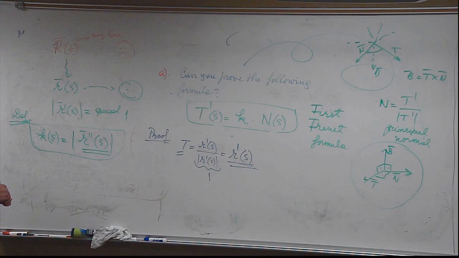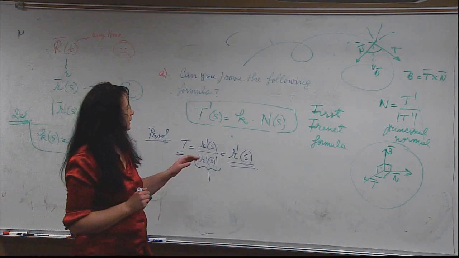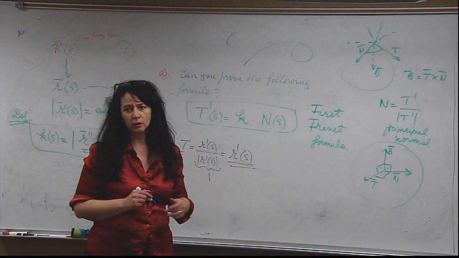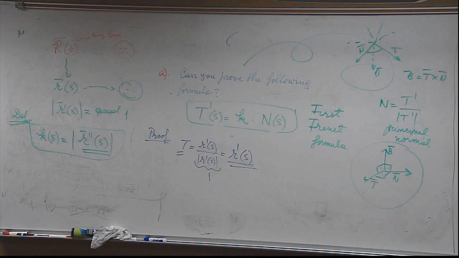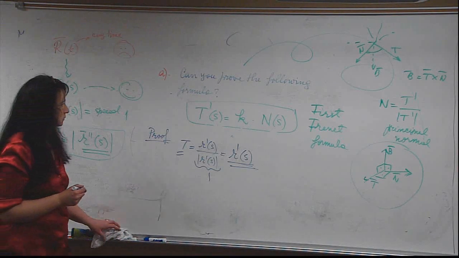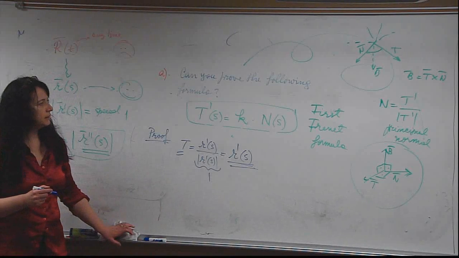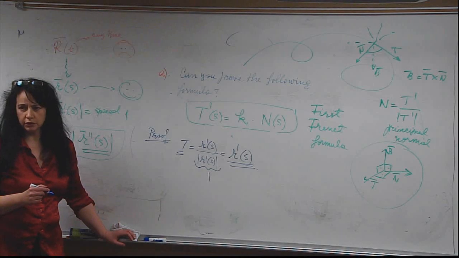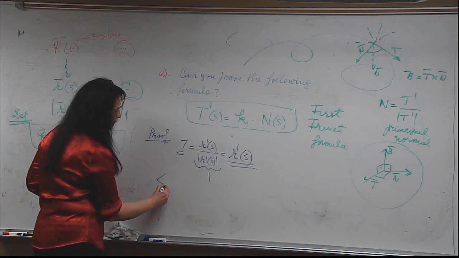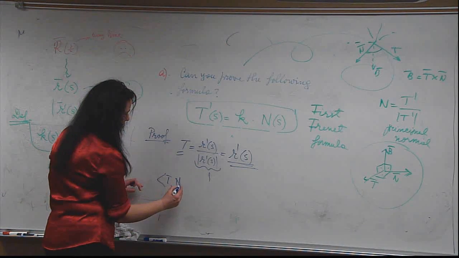Okay. Now, did we know that t and n are orthogonal? How did we know that t and n were orthogonal? We proved that last time, actually. T and n are orthogonal.